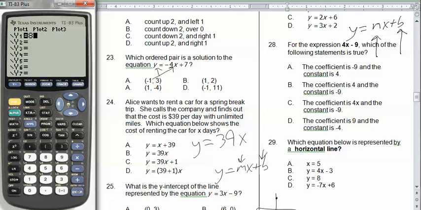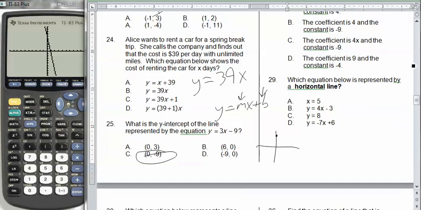Y equals 8. That's horizontal, because no matter what x is, y is always 8. And so it's always 8, and so it's a horizontal line. And if we check the last one, minus 7x plus 6, that is also not horizontal. All right, that's it for this page.